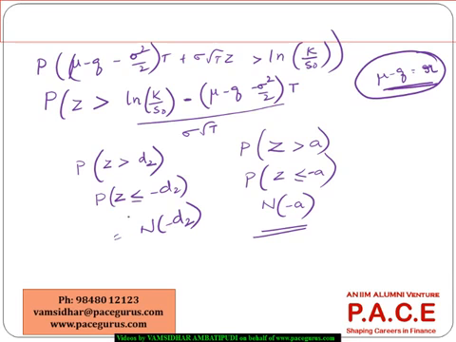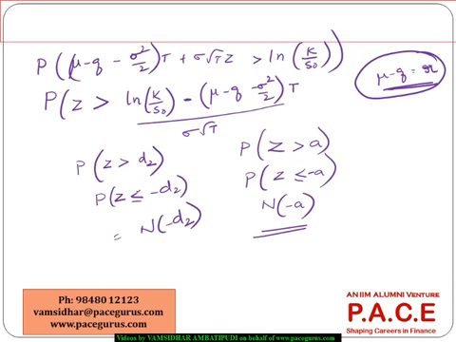Right? So the probability, if I'm saying mu minus q, it is coming out as the probability of z greater than d2, which is working out to n of minus d2.